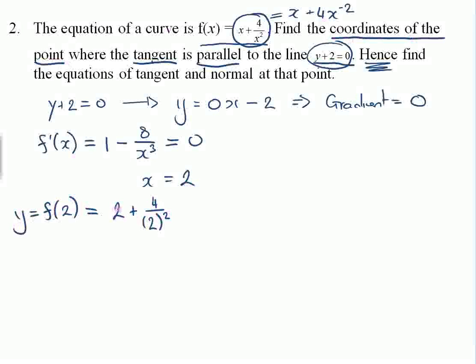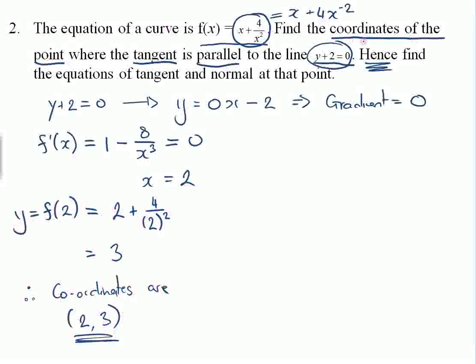You can just plug this into your calculator, but it's easy enough without. 2 plus 4 divided by 4 is 1, so this is going to be 3. So therefore, the coordinates are (2, 3). So that's the first part.